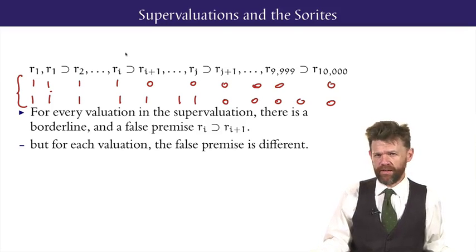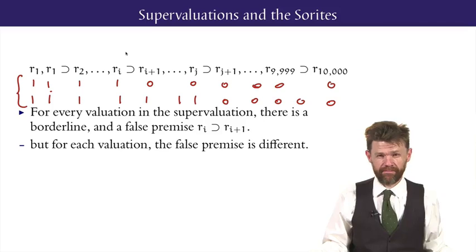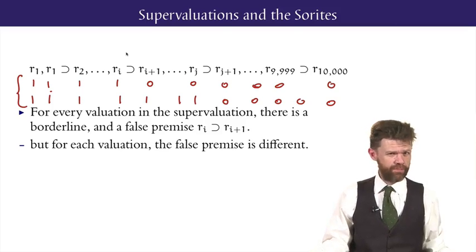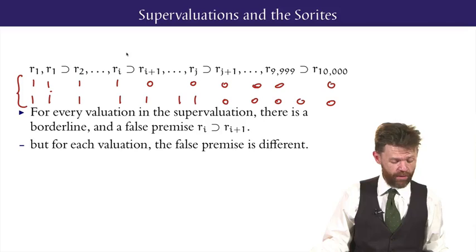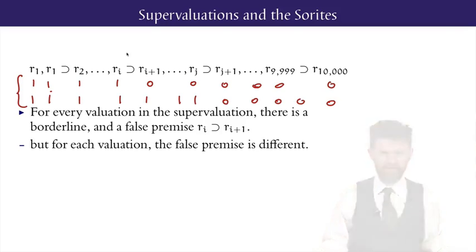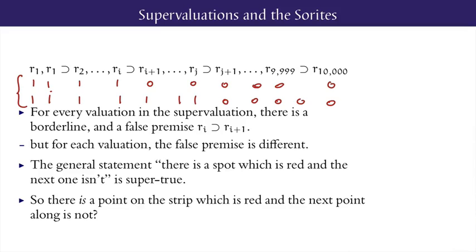Now, look at the general statement, there is a spot which is red and the next one isn't. That statement is super true, or at least it would be if we had a way of stating it in a language, because the statement, there is a last red spot, is true in every valuation. And this leads us to a natural question. Is there a sharp cutoff point? Is there a point on the strip which is red and the next point along isn't?